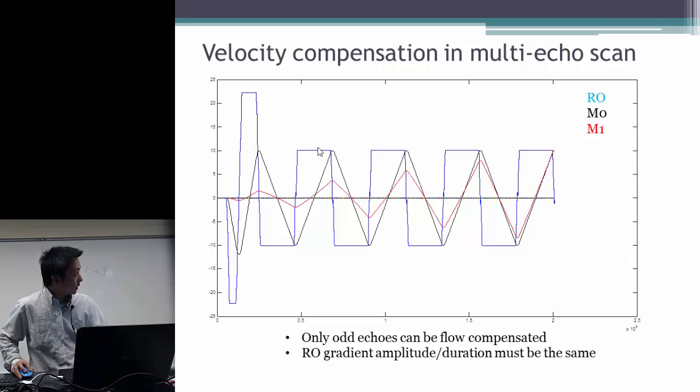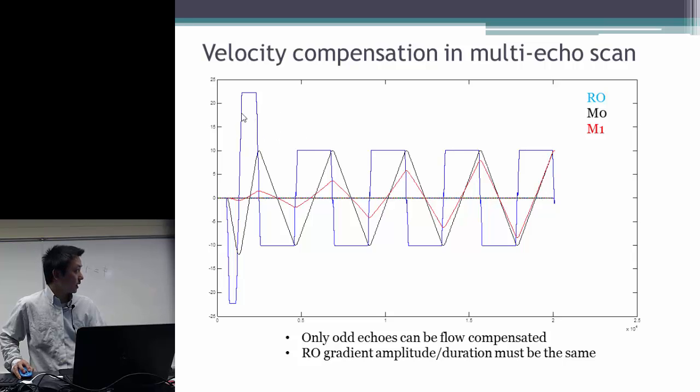What's shown here in the blue lines are the actual readout gradients from the multi-echo gradient echo sequence generated by Siemens.